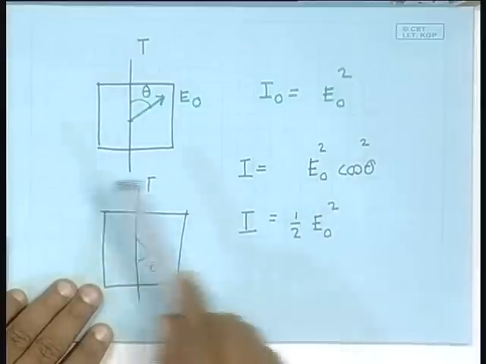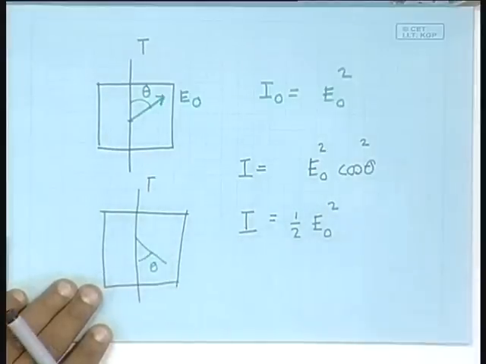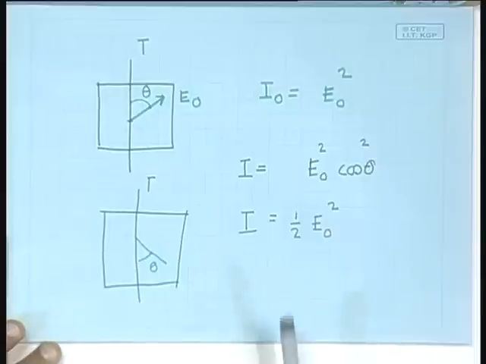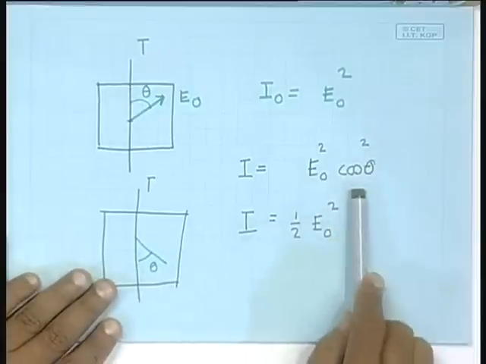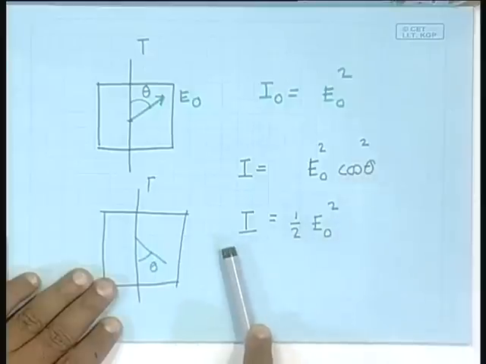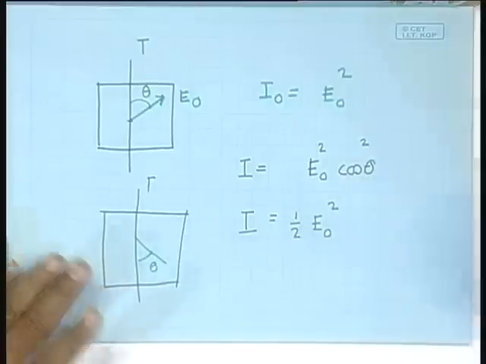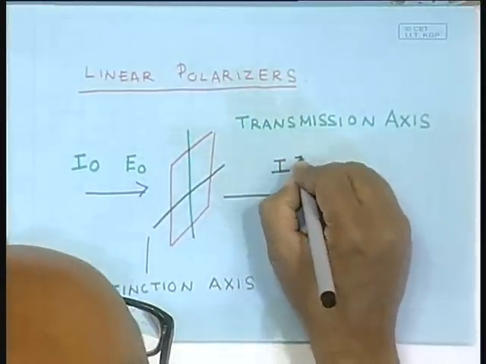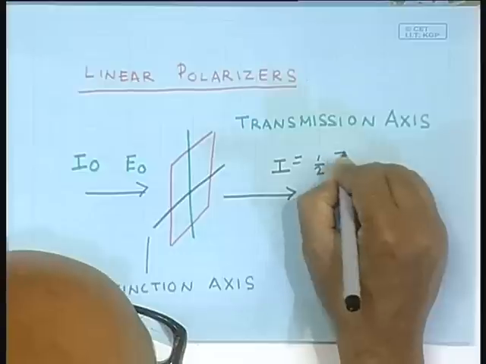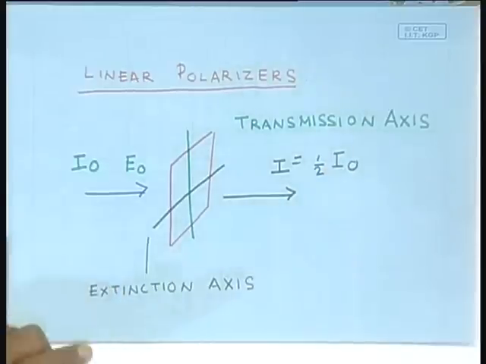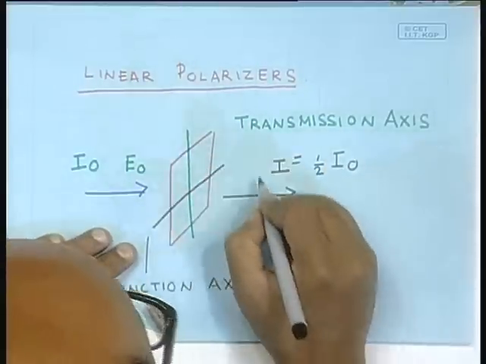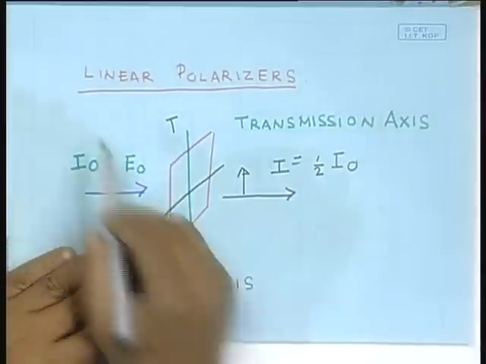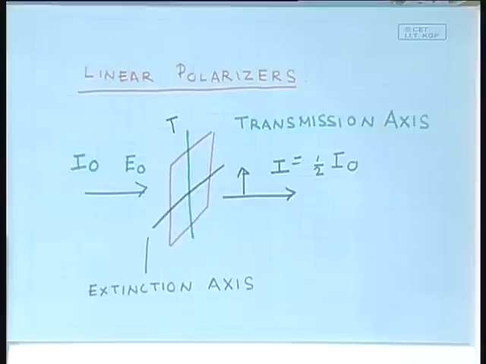So, the intensity of the light that comes through is E naught squared cos squared theta, and since the direction theta varies randomly, what you measure is the average. The average of cos squared theta is half, so the intensity falls to half the value. So, the intensity of the light which comes out from the polarizer is half I naught, and it has the property that the electric field is parallel to the transmission axis. So, it is linearly polarized, that is why it is called a linear polarizer.